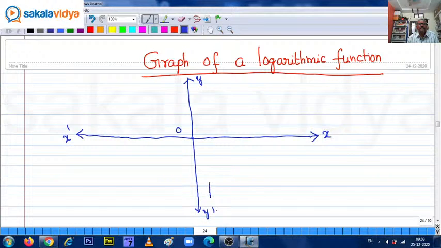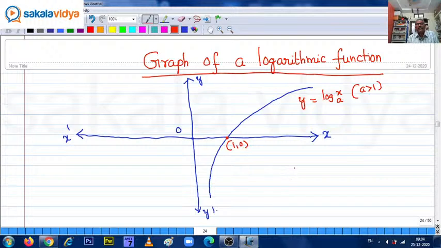The graph will be like this. This graph is y equal to log x to the base a, where a is greater than 1. It cuts the x-axis at (1, 0); it passes through (1, 0). This is the graph of y or f of x, log x to the base a, when a is greater than 1. This is case 1.